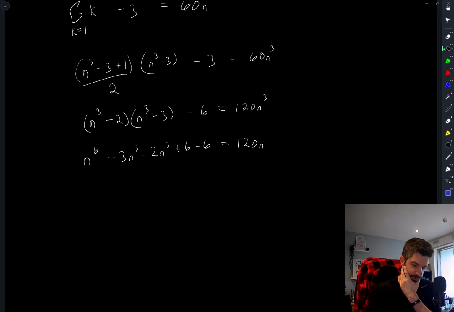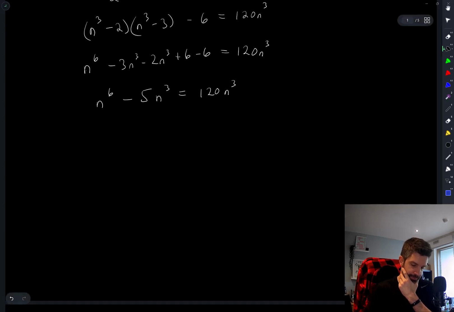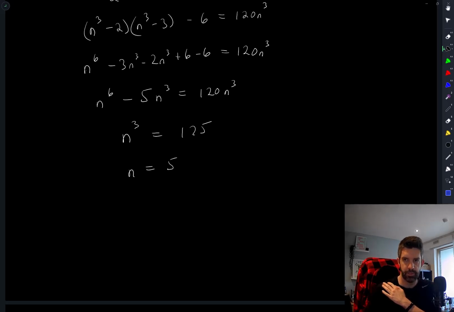Oh, we actually get some nice cancellation here. Okay, so n to the 6 minus 5 n cubed is equal to 120 n cubed. So I get n cubed is equal to 125. Yeah, and n is equal to 5.